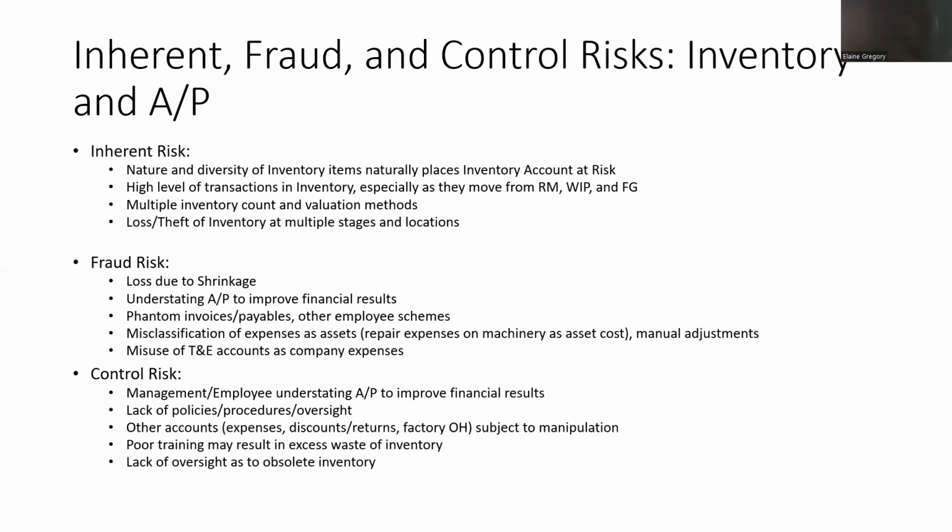There could be other accounts, expenses, discounts and returns, factory overhead that might be subject to manipulation that are part of the inventory and accounts payable. We could have poor training resulting in excess waste of inventory. And there might be a lack of oversight as to watching for the possibility of obsolete inventory in the system.